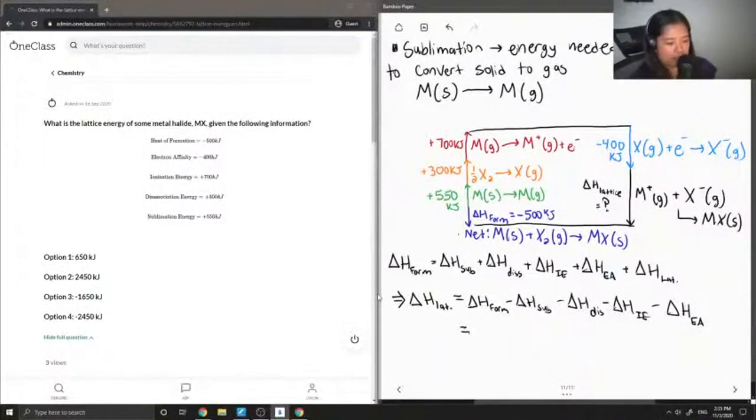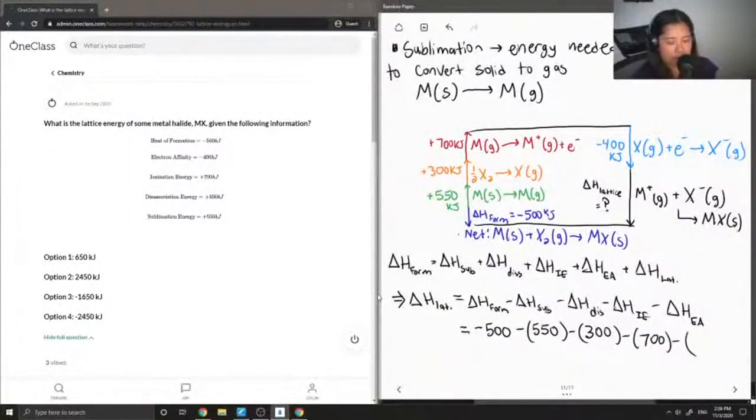Delta H of formation was negative 500. Delta H of sublimation was 550. Delta H of dissociation was 300. Ionization energy was 700.